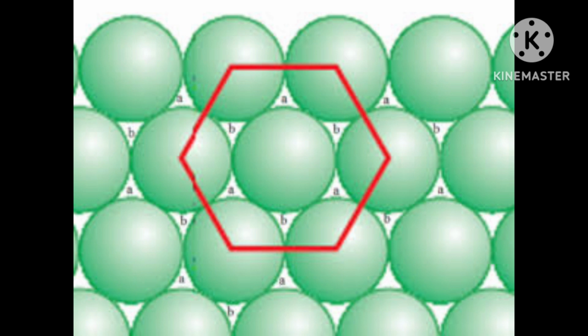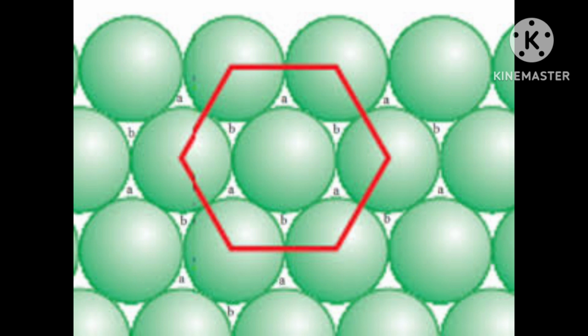Hexagonal means that in the center, from any face, you will find that the central atom is surrounded by 6. But only thing is that it is in 3 dimensions. In two dimensions also you have seen these two cases, where only length and breadth were there, height was not there.